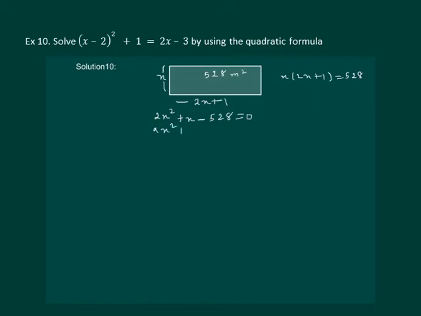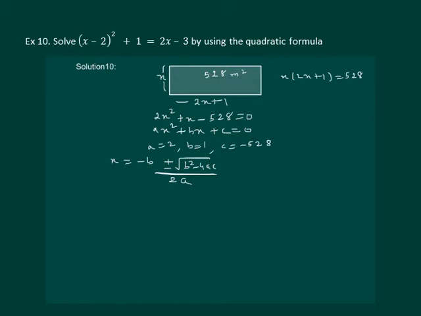Compare it with ax square plus bx plus c equal to 0. We have a equal to 2, b equal to 1 and c equal to minus 528. Now, before substituting in the quadratic formula, which is x equal to minus b plus minus under root of b square minus 4ac by 2a, we can start by finding b square minus 4ac first and then substitute in the quadratic formula.